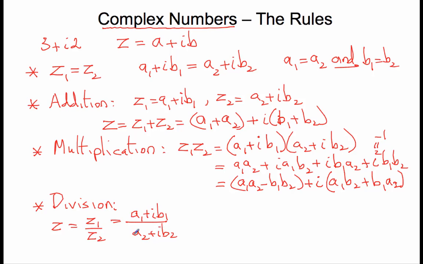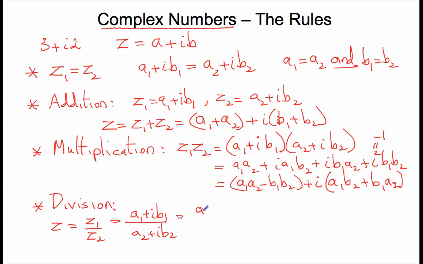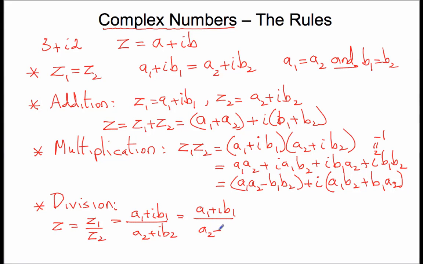What we want is something that's of the form real number plus i times another real number. So let me write the same thing as is over here and then multiply by a2 minus i b2 and divide by a2 minus i b2. So I multiply and divide by the same complex number.